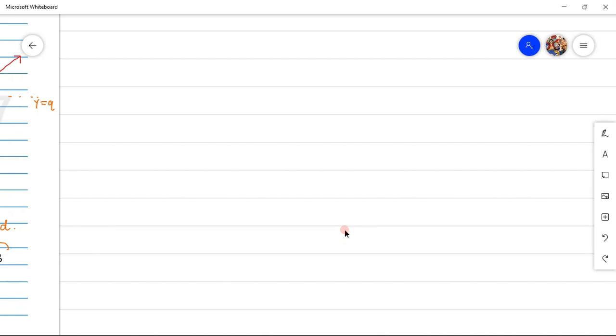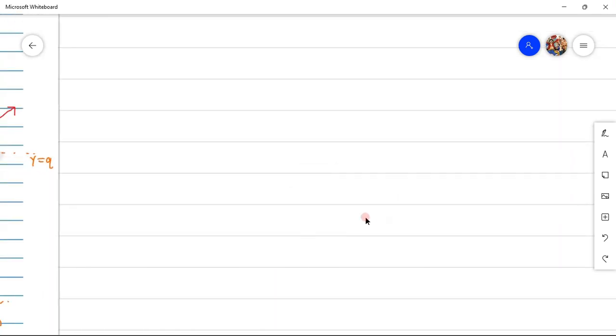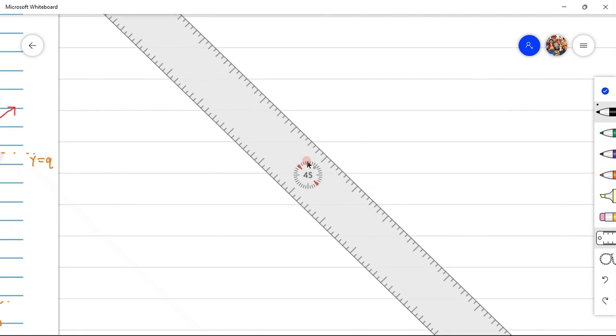So basically we're sketching a hyperbolic function whereby everything that we've previously discussed is clearly visible. So let's start with our x and y axis.